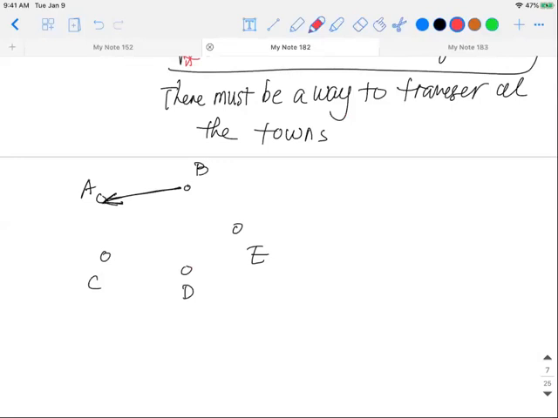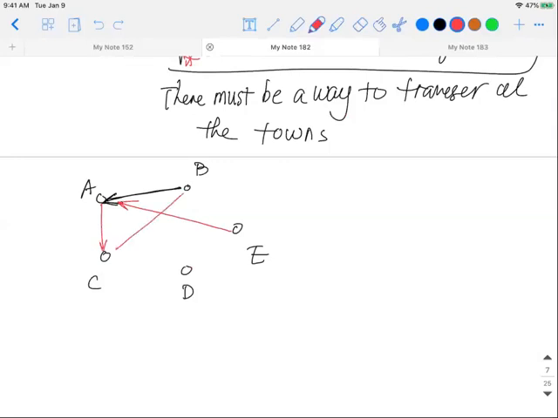Let's say I also do an E to A, everyone pointing to A, right? Okay, think about it. Let me see if A is pointing to C, for instance. If C is pointing to B, okay, my work is done. A to C, C to B, right? So I'm not going to let it happen.